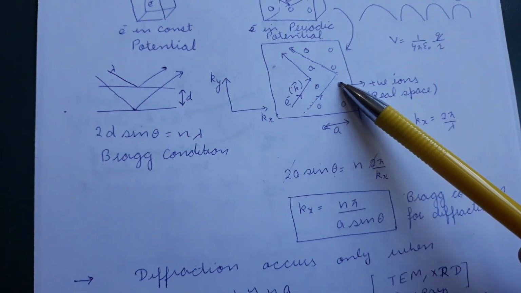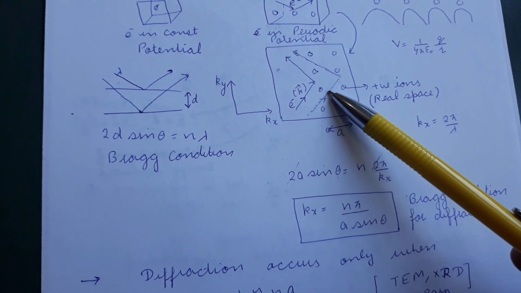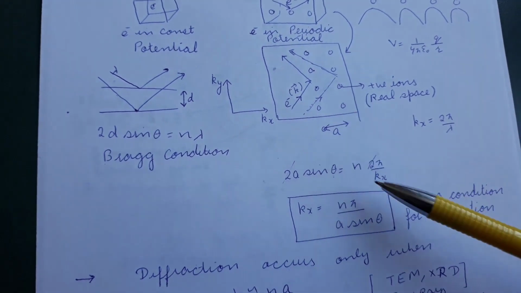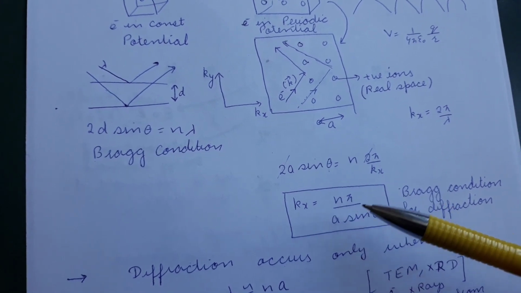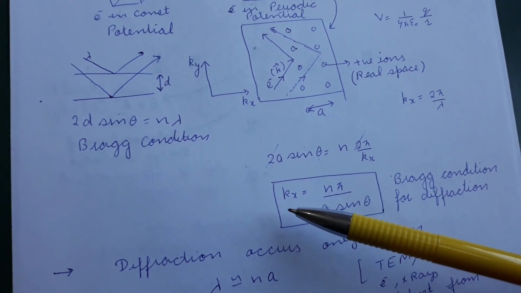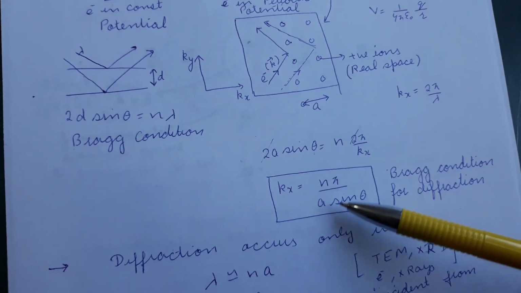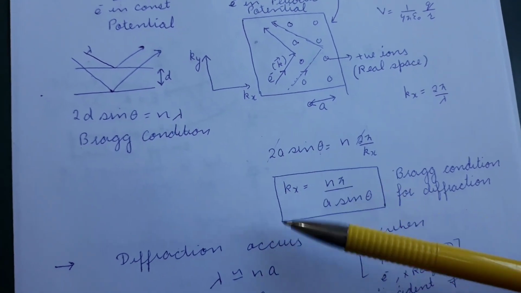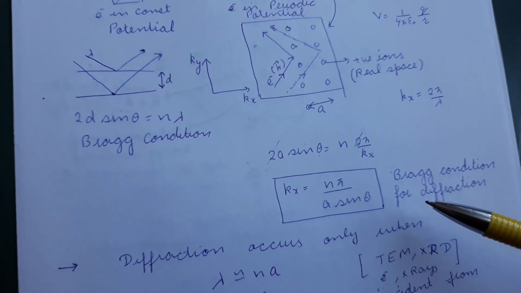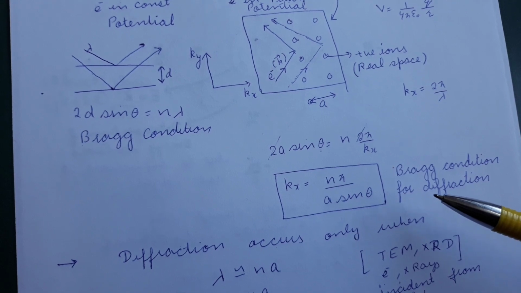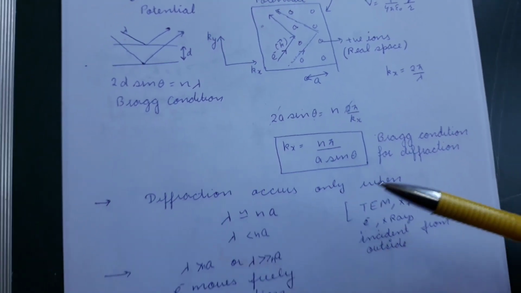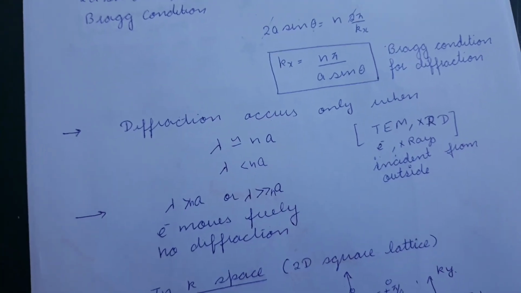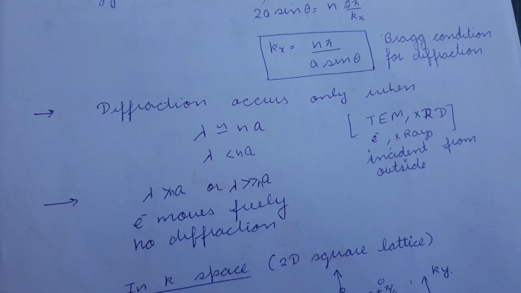Let us say that this direction is kx and this direction is ky, so the interplanar spacing will be kx in this case. From here we can find kx is equal to n pi upon a sine theta. Now this will be the Bragg condition for diffraction in a square lattice. We see that diffraction will occur only when this condition is satisfied.